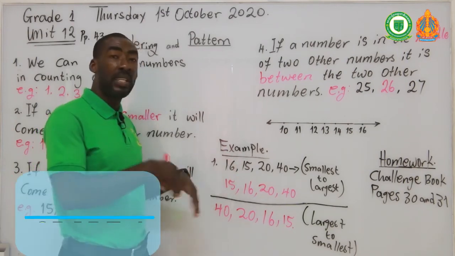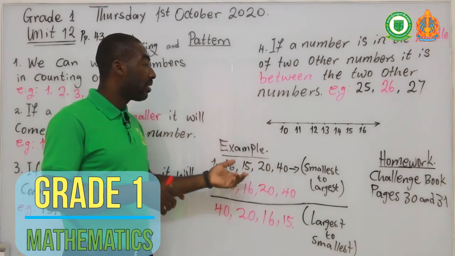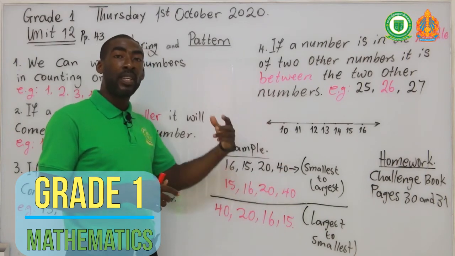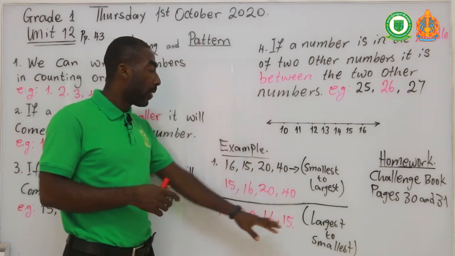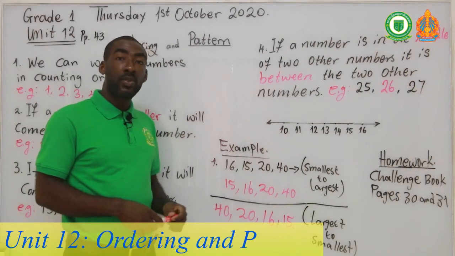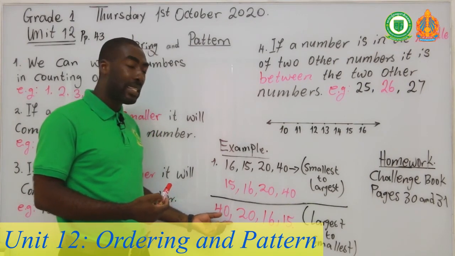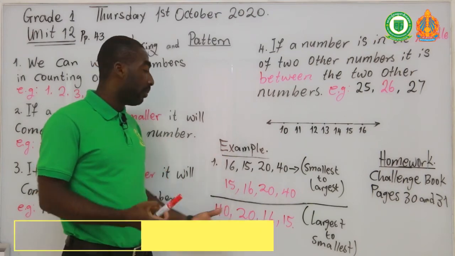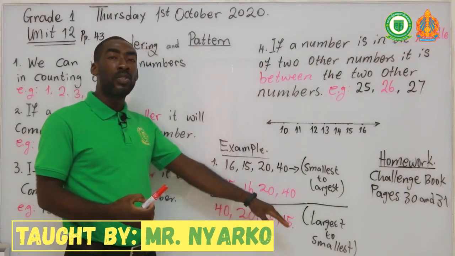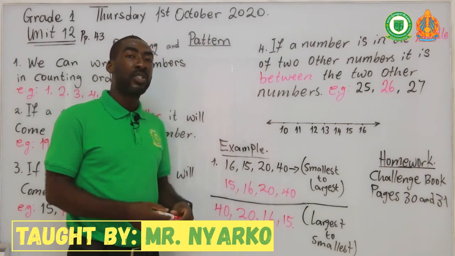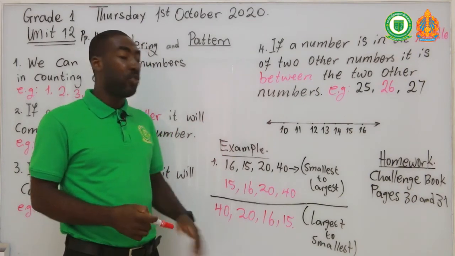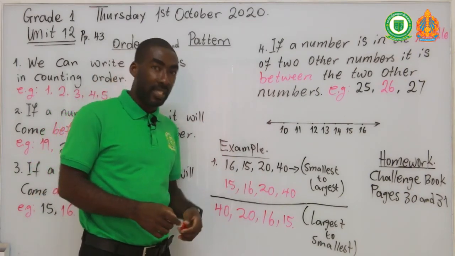The numbers could be other different numbers, but you still have to start with the smallest if you are asked to start with the smallest. If you are also asked to start with the largest, it means that you begin with the large number and then it goes down, down, down up to the smaller number that you have in your list.